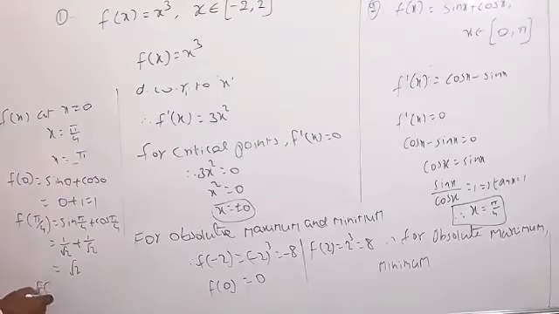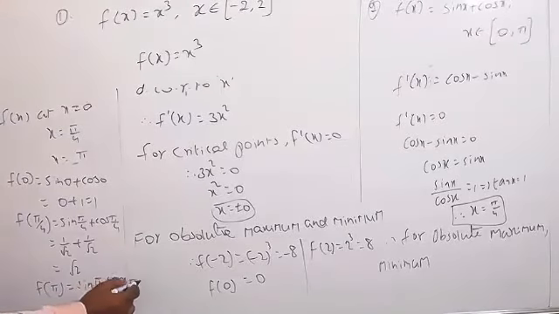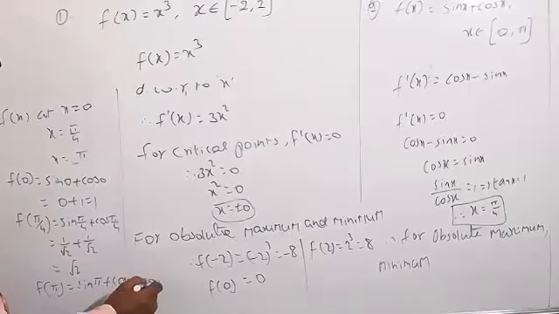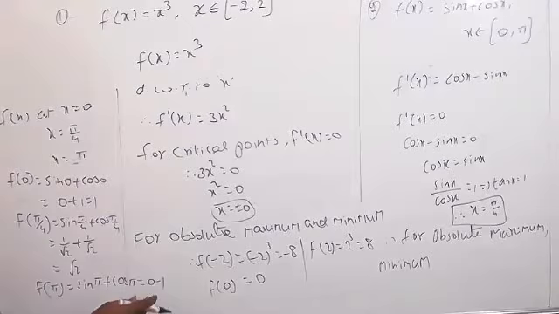In the same way you can find f of pi also: sin pi plus cos pi. Here sin pi equal to sin 180, how much? 0, and cos is minus 1. Is that correct? 0 minus 1. So this is equal to minus 1.